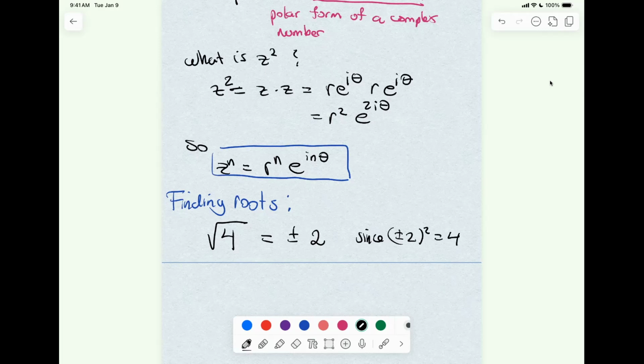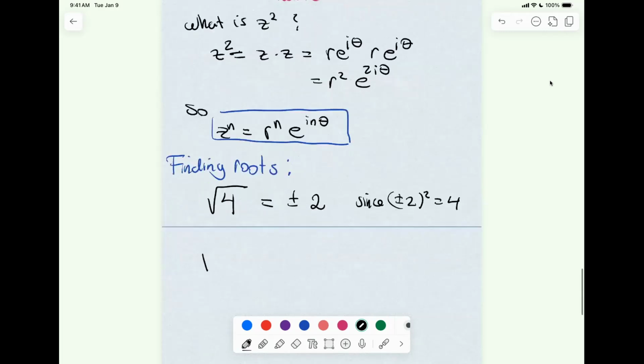Now take a cubic root, which is kind of annoying. Let's say you wanted to find the cubic root of 8. As you may recall, the cubic root of 8 is 2. But so far, from what you know, there are no further options.